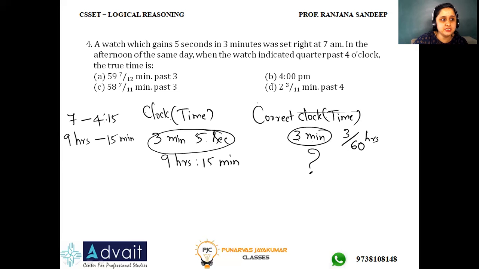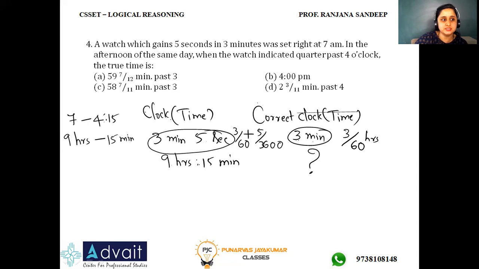And when I say 3 minutes 5 seconds, it is 3 by 60 hours plus 5 by 3600 hours. Why have I divided 5 by 3600? Because if you want to convert from second to minute, you have to divide by 60, and if you want to convert from second to hour, you have to divide by 3600. So that is the reason I have divided this by 3600.